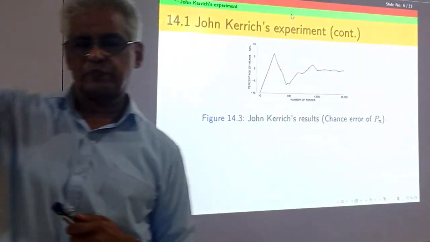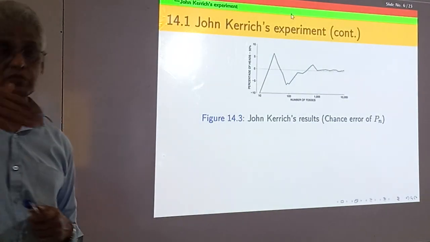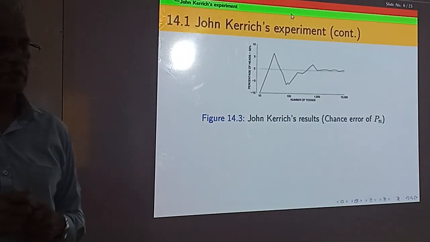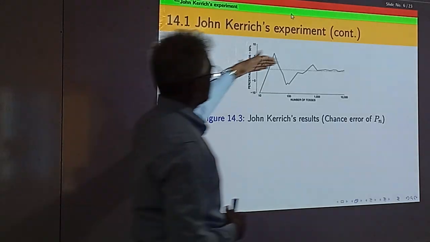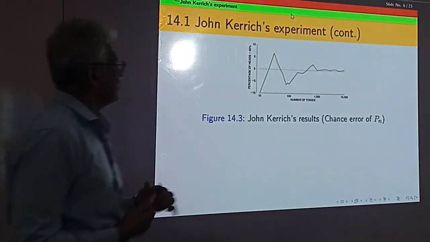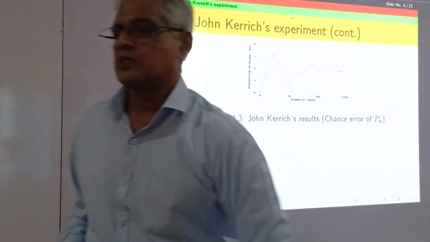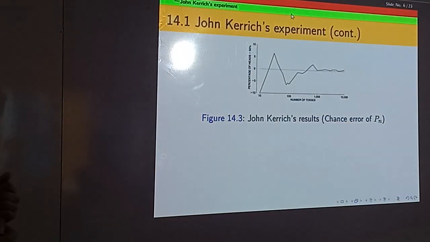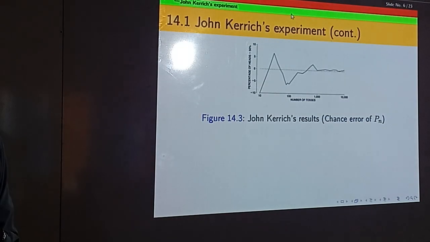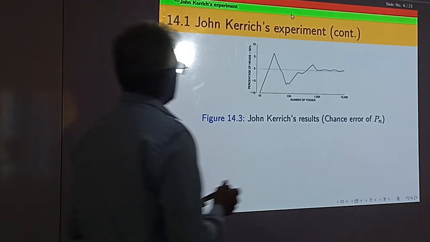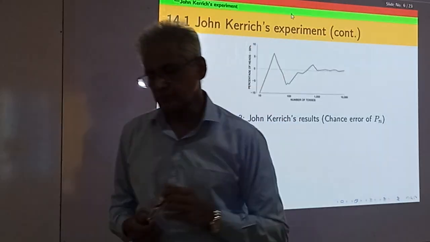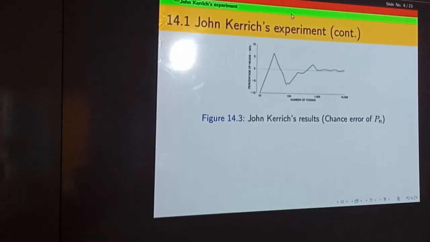Earlier the chance error in the total was increasing as n. But here we can see that the chance error is coming close to 0 when n goes to infinity. So that is the behavior.